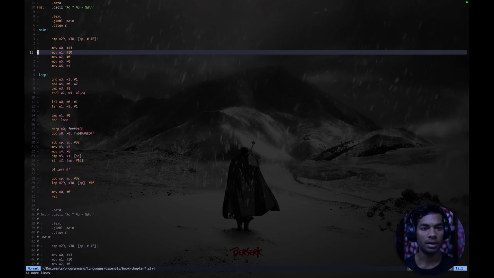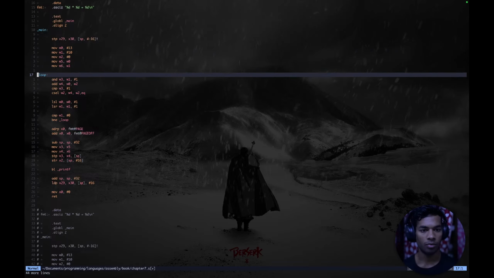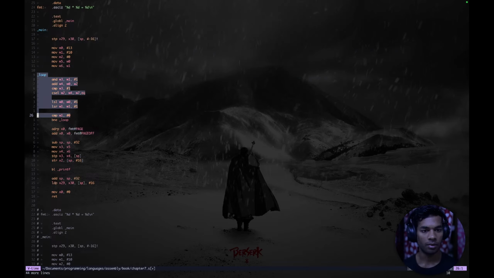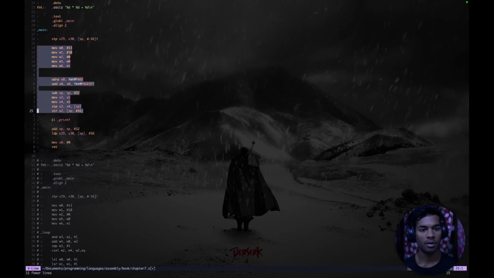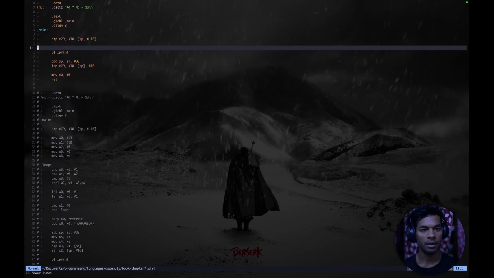So I will only need the zeroth register, and yep, I will not even need a loop. I don't need this, and actually I can change quite a few things here for calling printf.